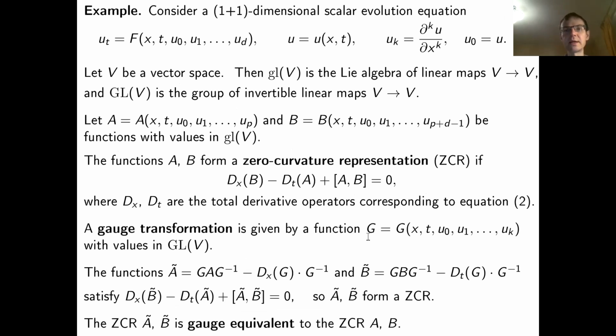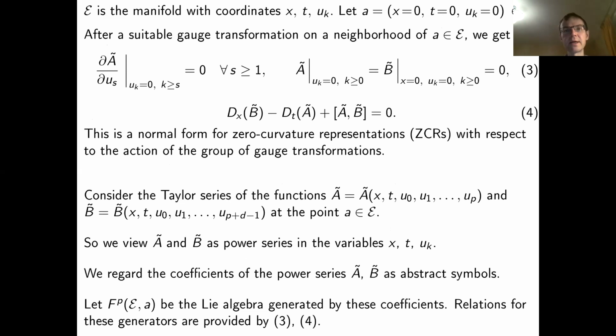Applying a suitable gauge transformation, we get A tilde and B tilde satisfying these three conditions. So we have the zero curvature condition, which is not surprising, but also we get some extra conditions.